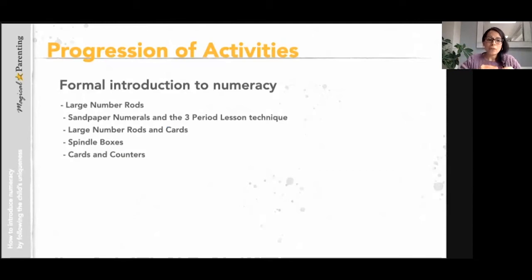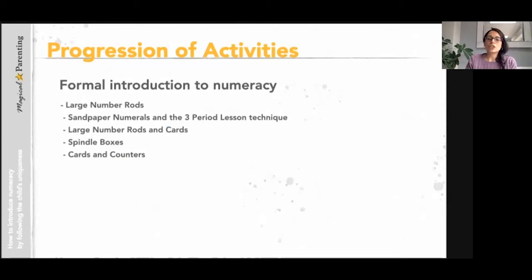I will explain first the activities with the Montessori materials, so you can understand the aim, but also what to observe when your child is working with them. And I will suggest some homemade alternatives for you to adapt for your child, and you can consider them as well, because sometimes Montessori materials can be quite expensive.